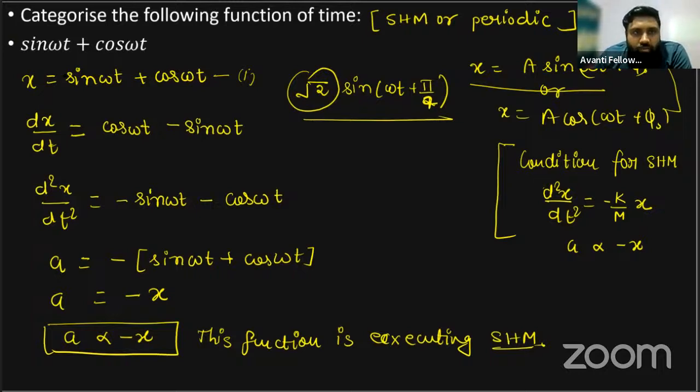Just note down the coefficients of sine omega t and cos omega t. Firstly square them, then add them, and then take the square root. That value is the final value of amplitude. Got it?